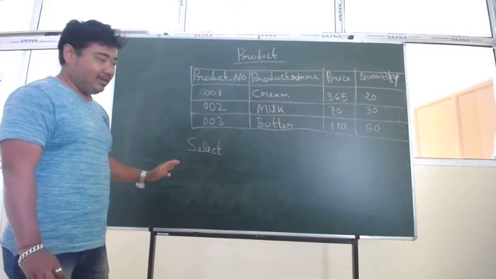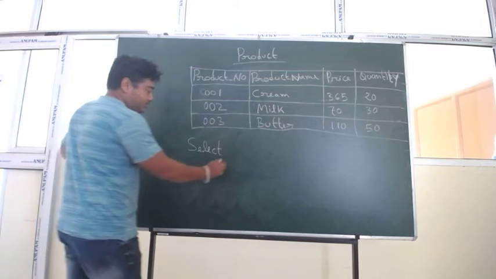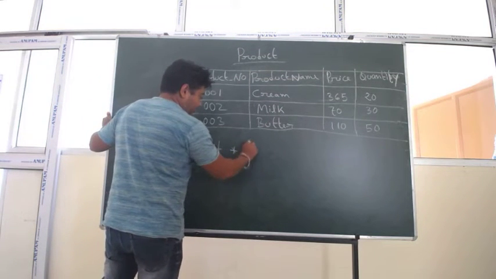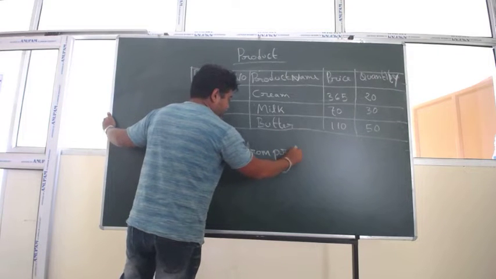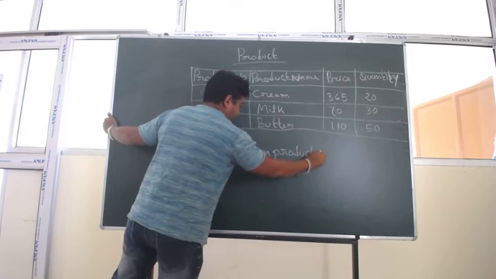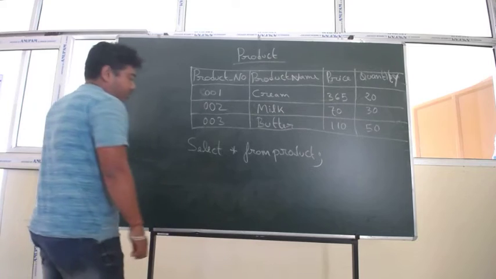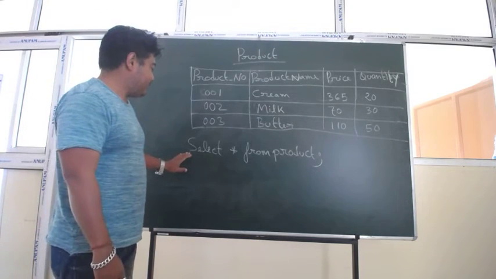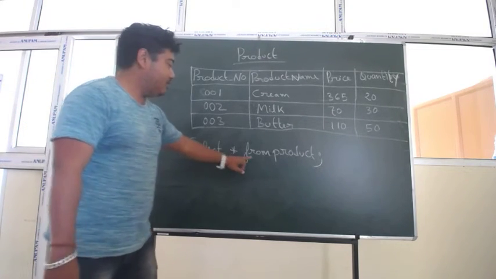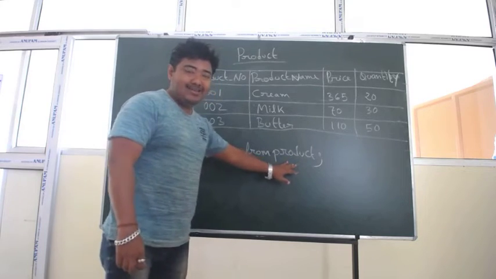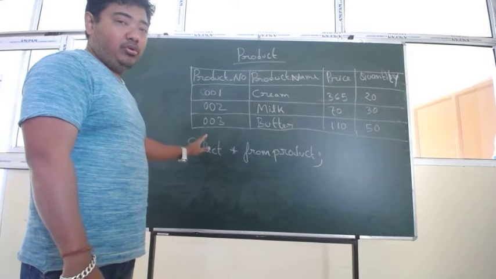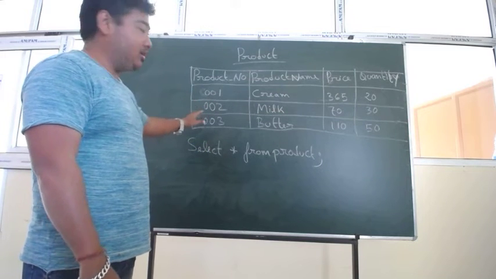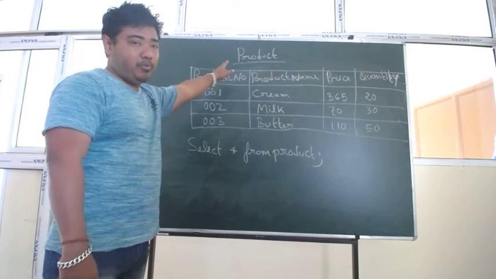So in that case, I will use select star from product. Here you can see I have given select star from product. This command means that it will show you all the records which are there in the table product.